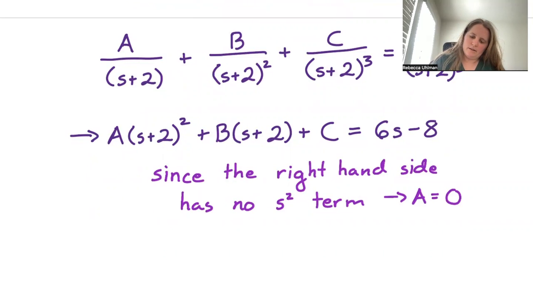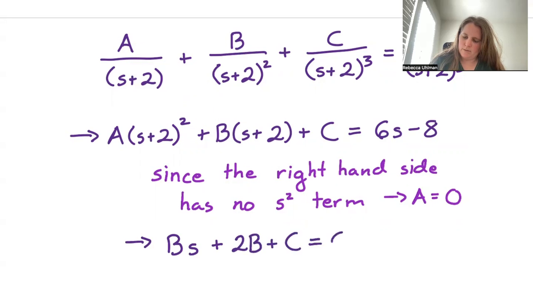So we get from here that B times s plus 2B plus C has to equal 6s minus 8.